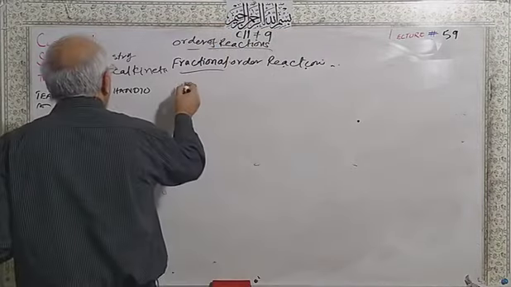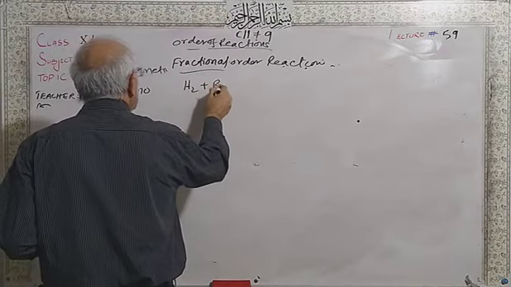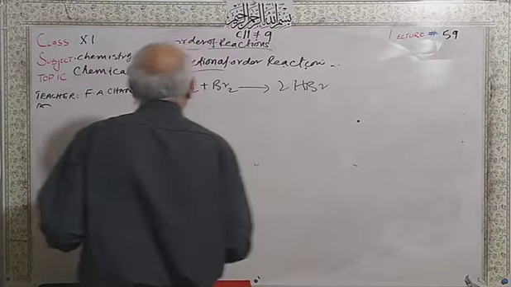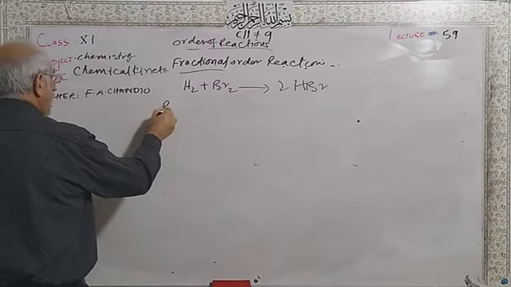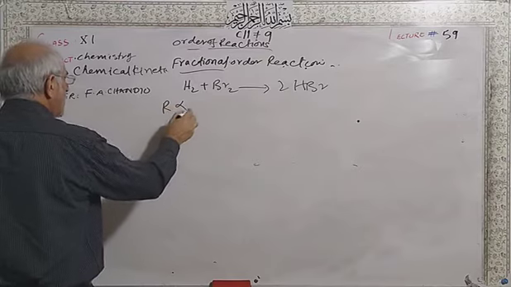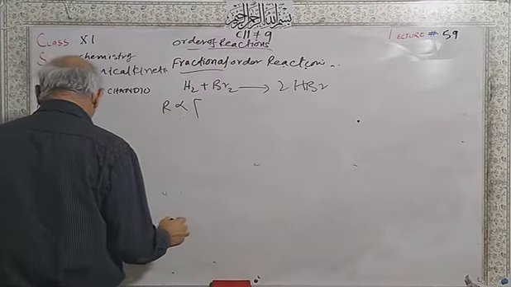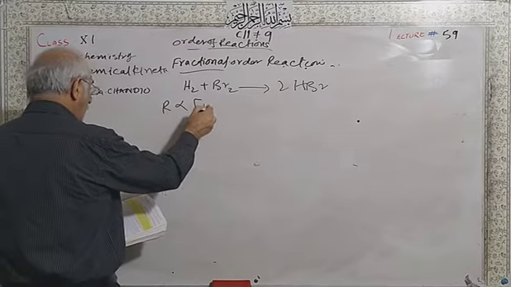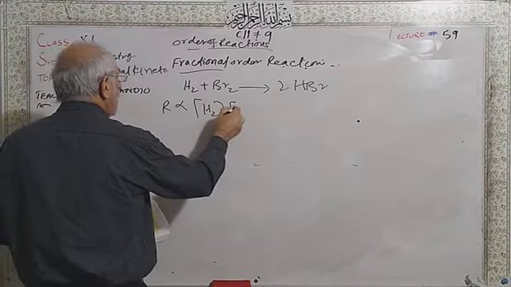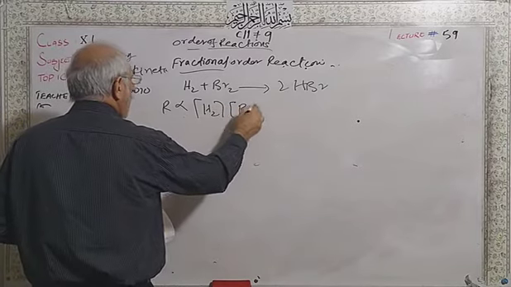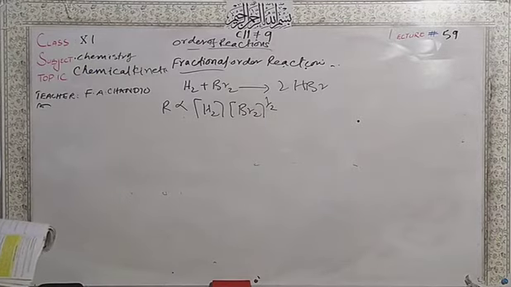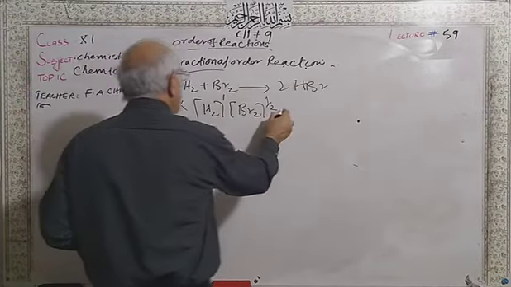You have hydrogen plus bromine to give hydrogen bromide, but according to the rate law and the slow step, which is the rate determining step, according to experimental evidence, 1 mole of hydrogen and half mole of bromine, means 1 atom, half mole of bromine is going to participate in the rate determining step.